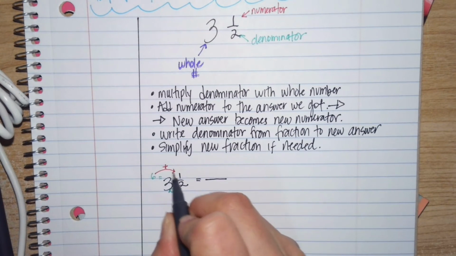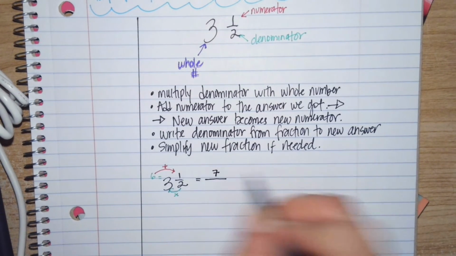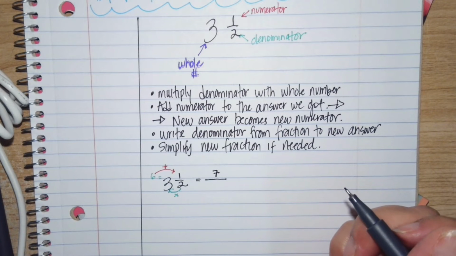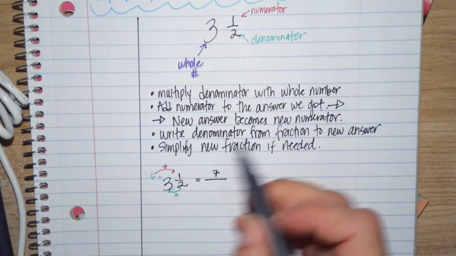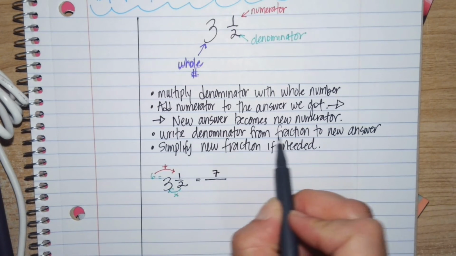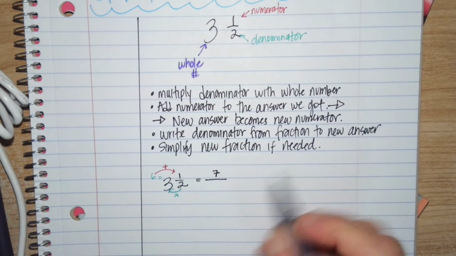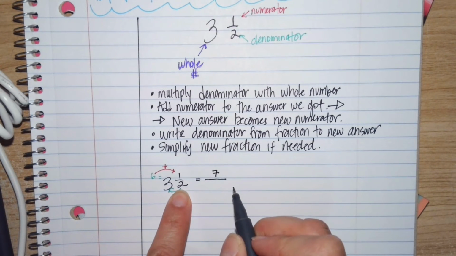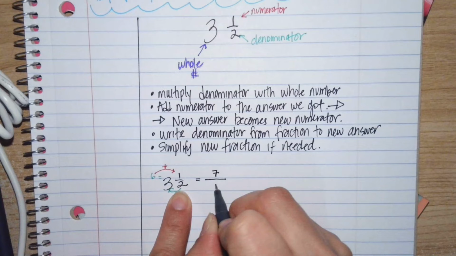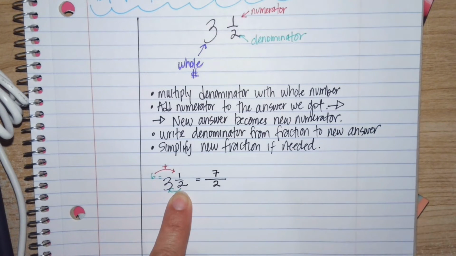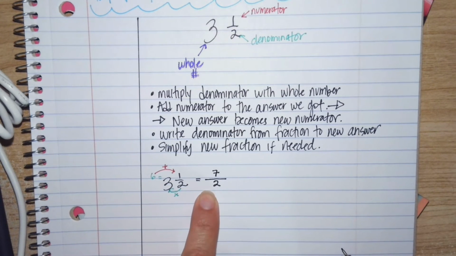So 6 plus 1 is 7. And then we're going to write the denominator from our fraction next to the new answer. My denominator in this fraction was a 2, so I'm going to bring that denominator over to my answer. And now we have our improper fraction.